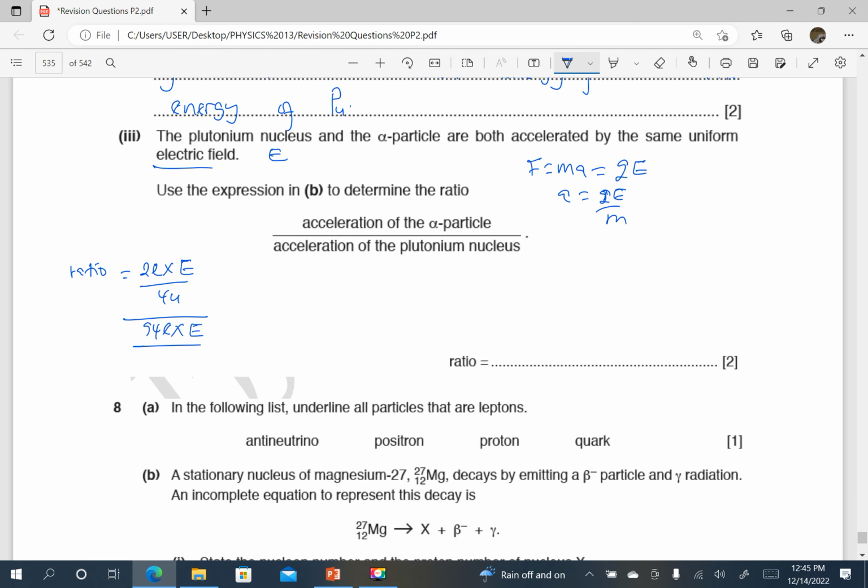So the mass is going to be 240u. So E has cancelled, u has cancelled, so we remain with 2 over 4 times, we get the reciprocal, which is 240 over 94. And I check my calculator to find this ratio.